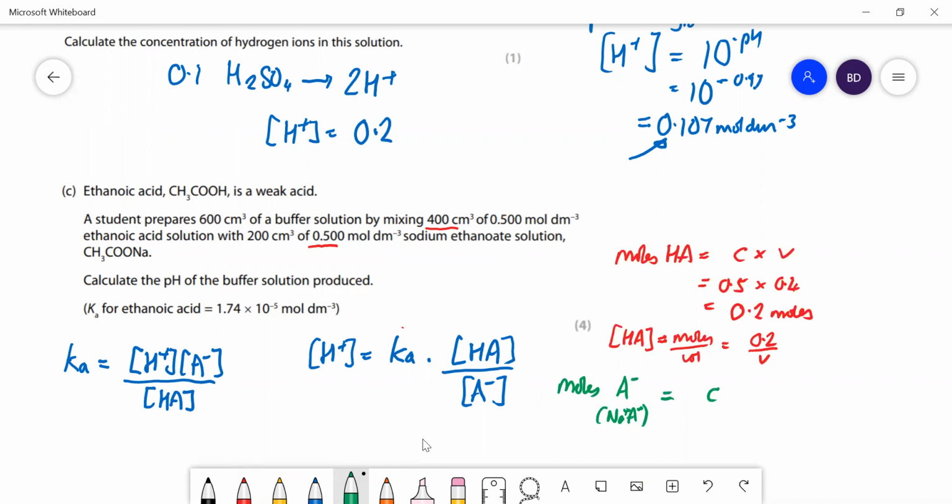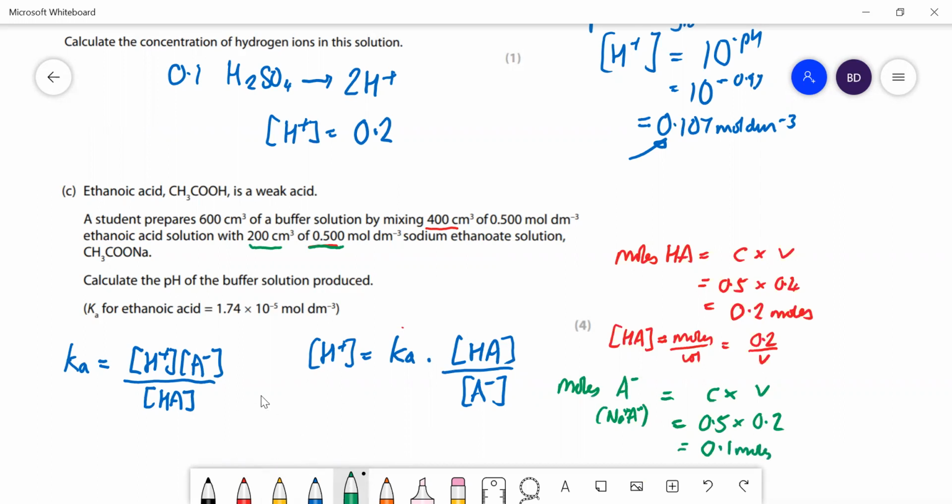Concentration times volume again: 200 cm cubed of 0.5 mol per dm cubed sodium ethanoate. So the concentration is 0.5 multiplied by 0.2. That's equal to 0.1 moles.